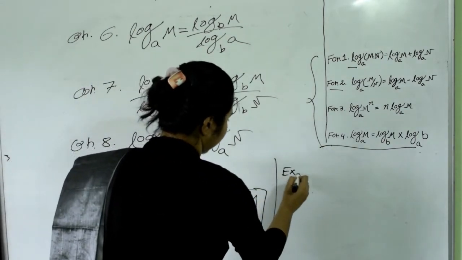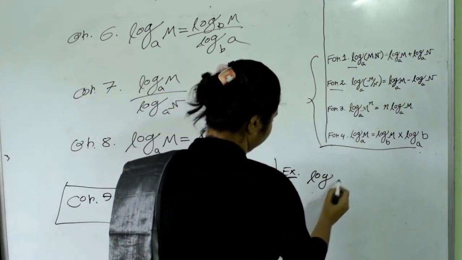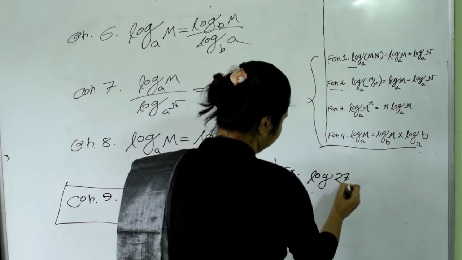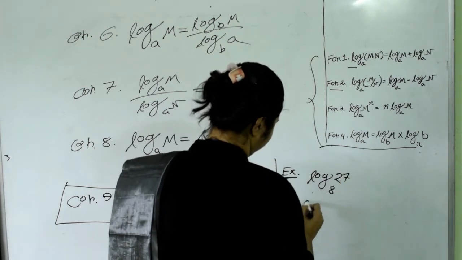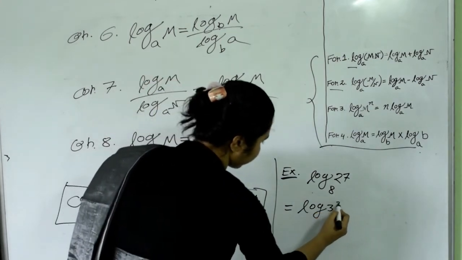That means take an example. Suppose we have log 27 base 2 cube. Now we can write 27 as 3 cube, right?